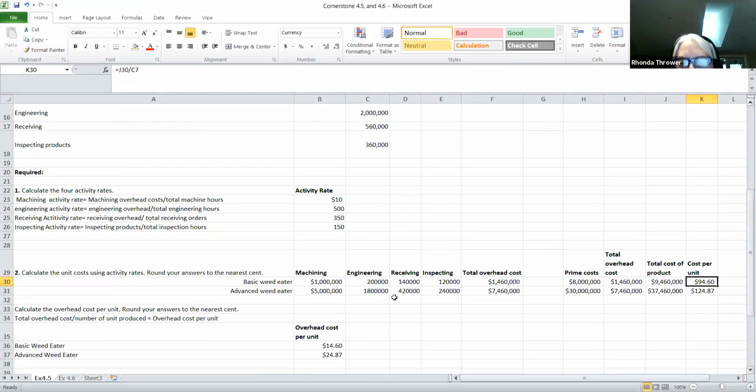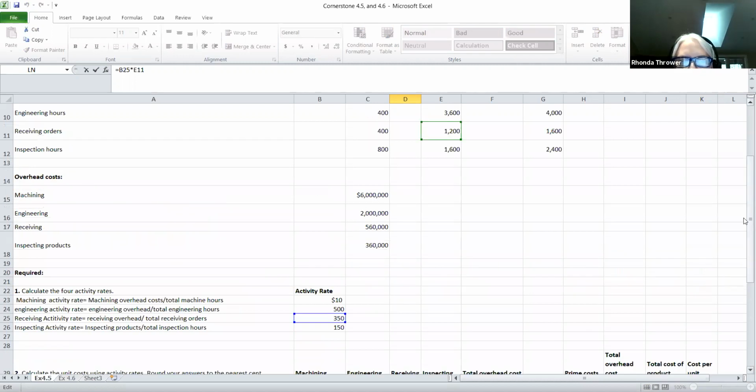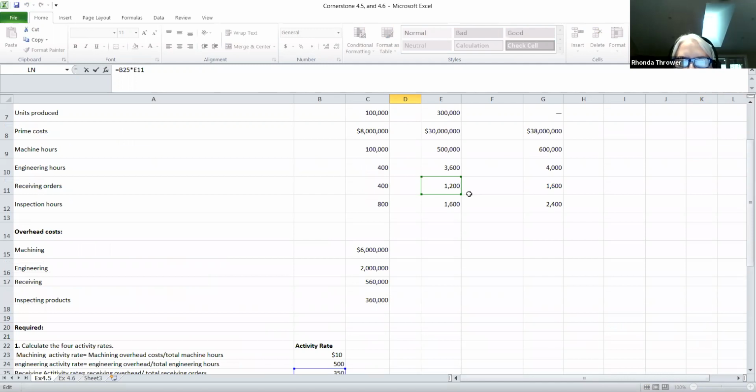And so that's how they come up with the total cost of engineering for the advanced weed eater at 1,800,000. For receiving, we're doing the same thing. We're taking the activity rate and we're multiplying it by cell address E11, which was the receiving orders.